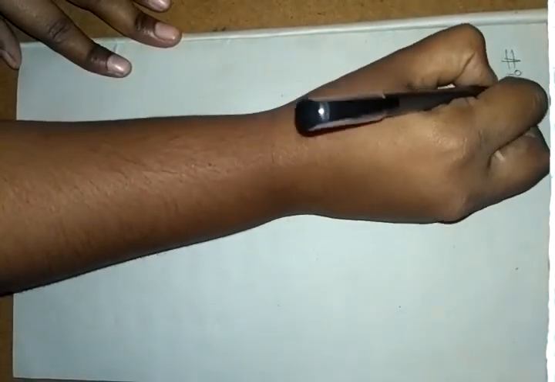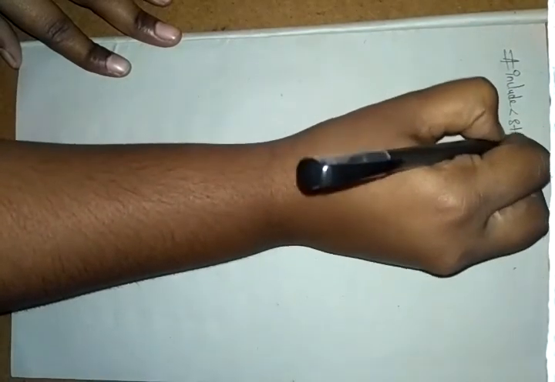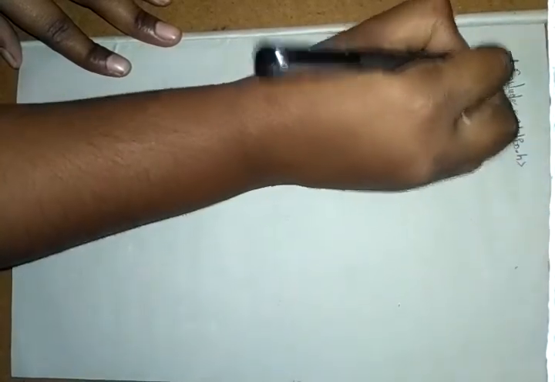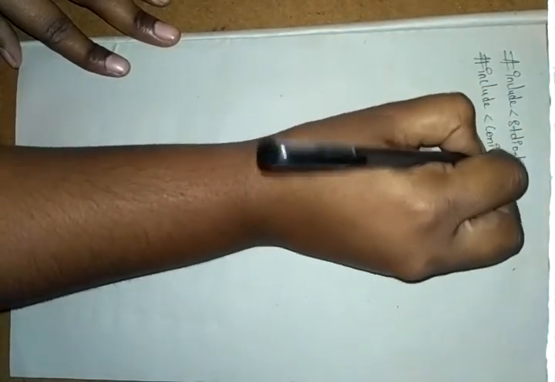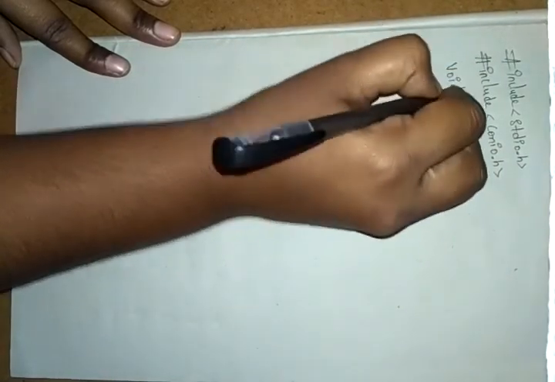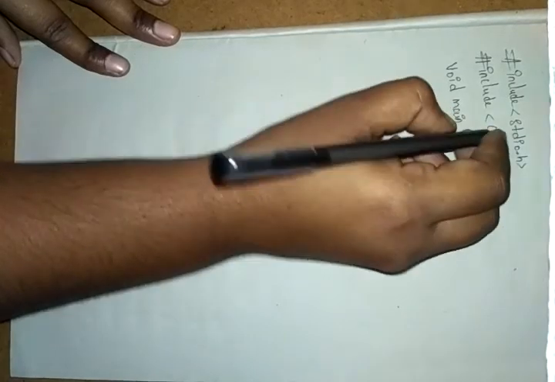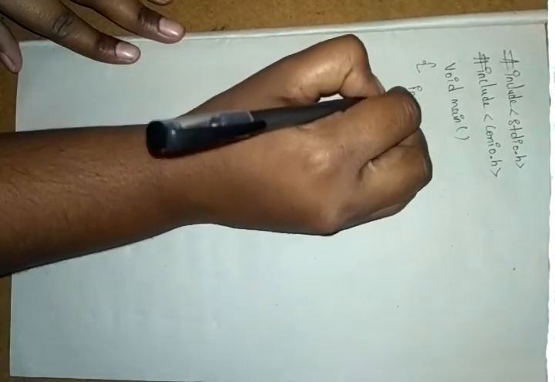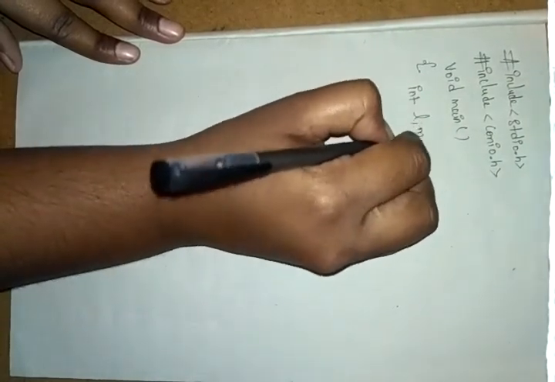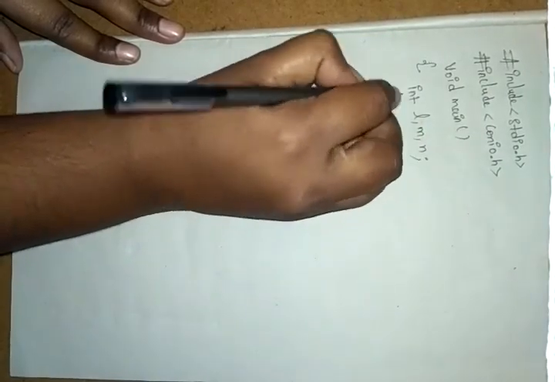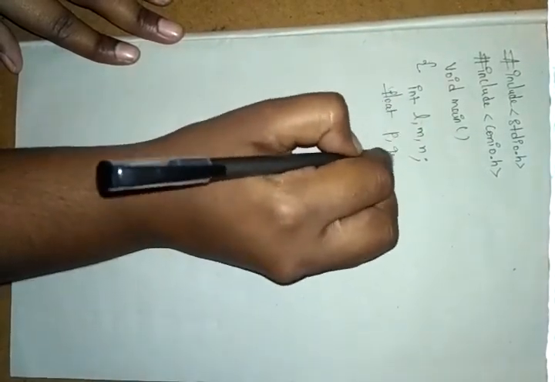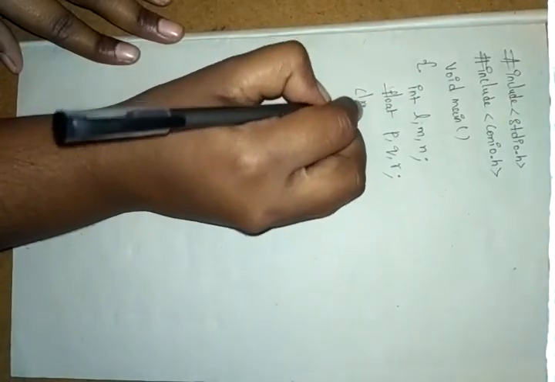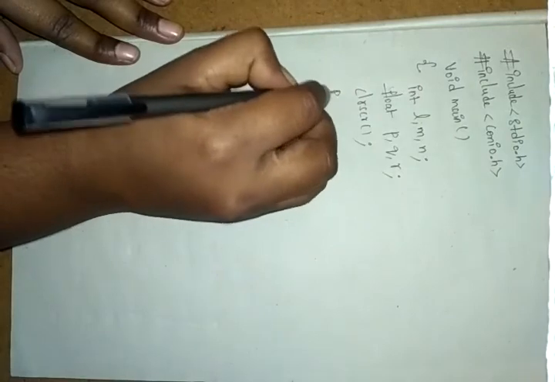I'm taking one example program. #include stdio.h, #include conio.h, void main, open brace, int l, m, n I'm taking, and floating points p, q, r, and here I'm taking clrscr, and next printf.